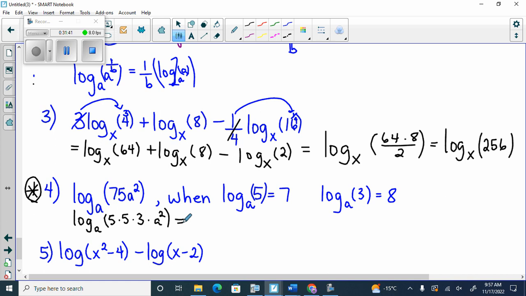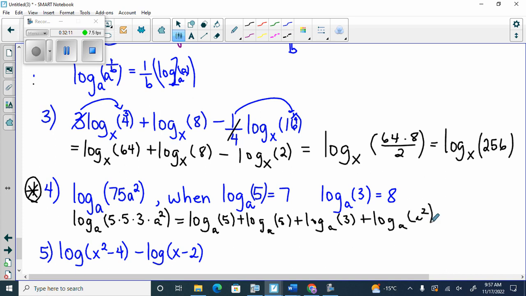So it'll usually be like 6 to the 5 or 7 to whatever, and then it'll make it be like an x. So you'll get log base a of 5 plus log base a of 5 plus log base, they'll usually be base a and base b, just so you know, of 3 plus log base a of a squared.